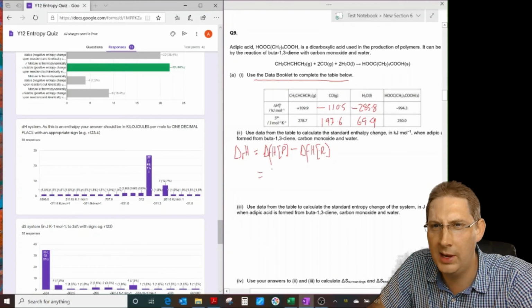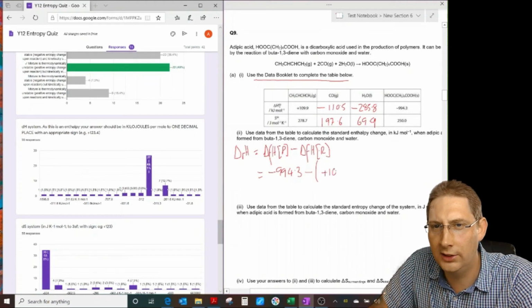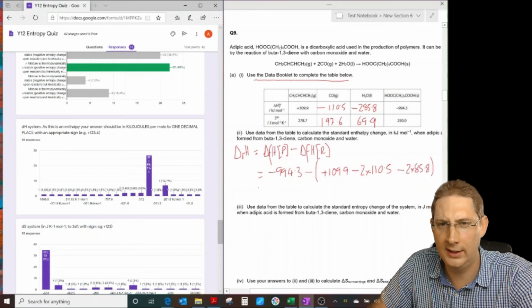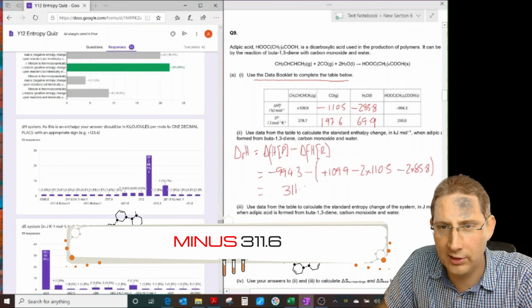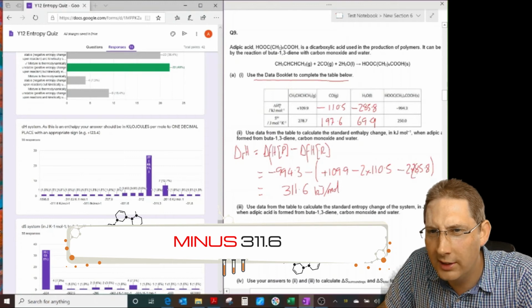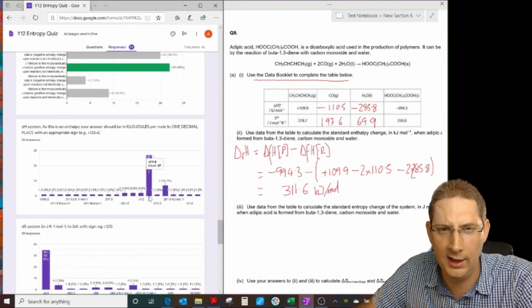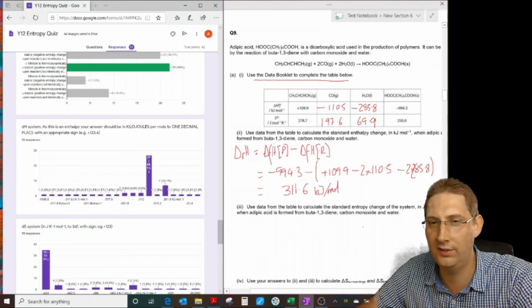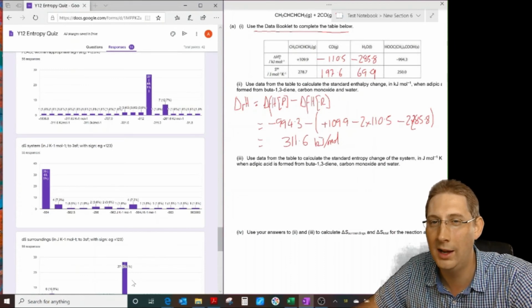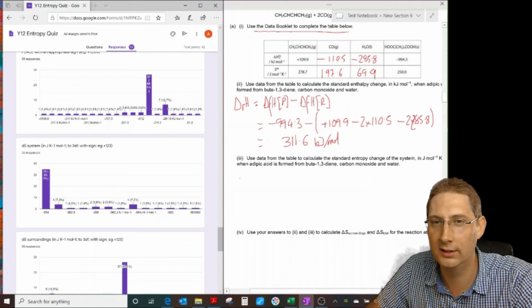So it should just have been minus 994.3 minus plus 109.9 minus 2 times 110.5 minus 2 times 285.8, and that should have given you minus 311.6 kilojoules per mole. 311.6, less than half of you getting that right, and really, given that that was topic 8 stuff that you should have revised for your end of year exam, there's no reason under half of you are getting that correct.